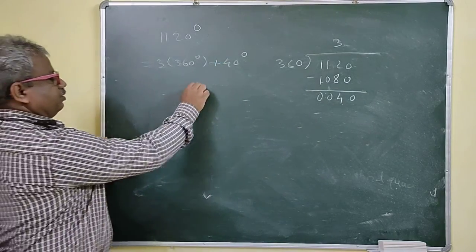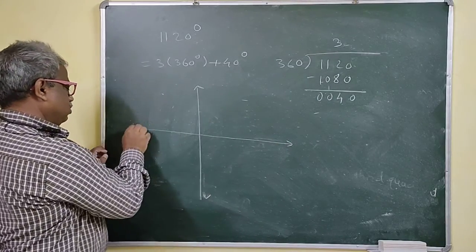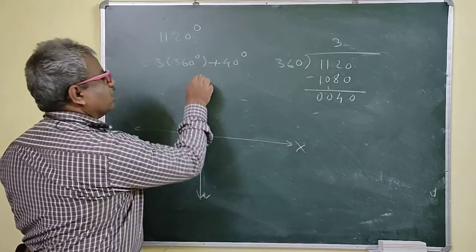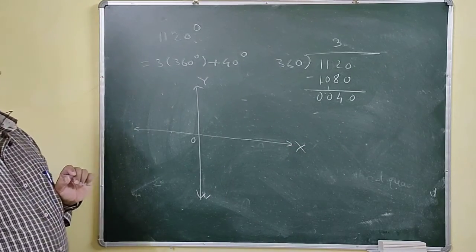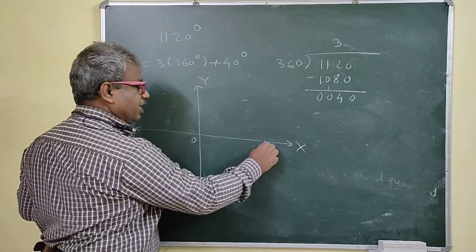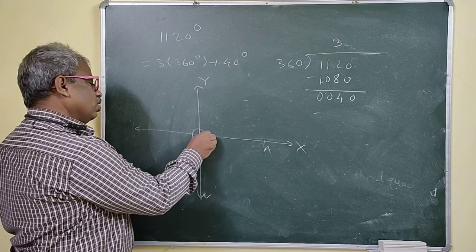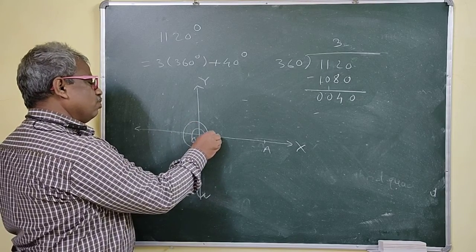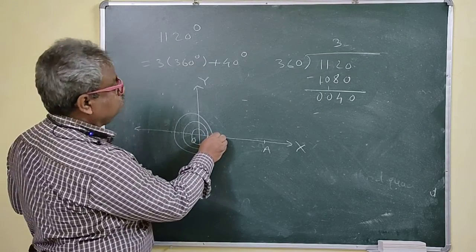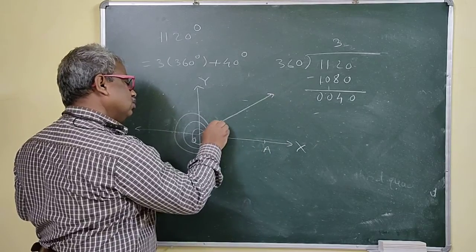So we draw the figure now. This is O, x axis, and this is y axis. How many rotations are completed? 3 rotations. We take somewhere A; this is the initial arm. This is 1 complete, this is 2 complete, this is 3 complete, and it moves further for 40 degree, so here.